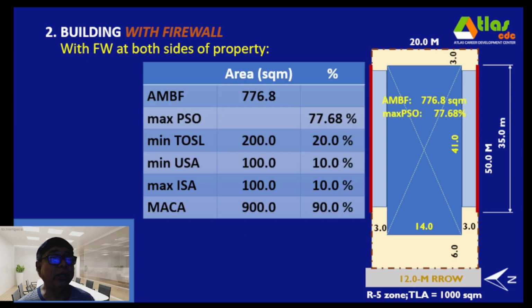So we now finalize our answer for the development controls if you have firewalls at both sides of the property. So again here, our values for the AMBF and the maximum PSO are all based on the minimum setbacks because that is the most stringent one. While this one is from the minimum TOSL table, and the minimum USA, maximum ISA, MACA are all from table 8.1.